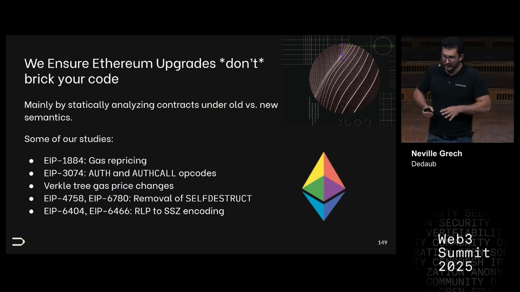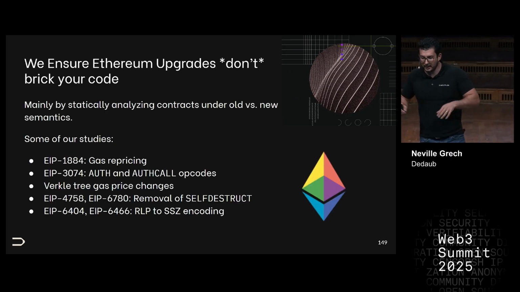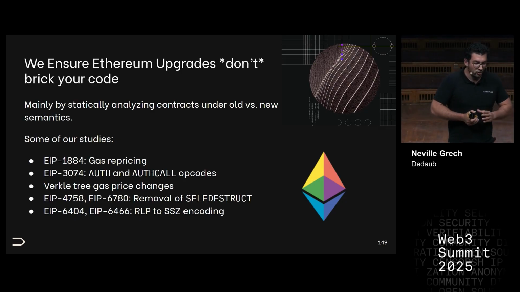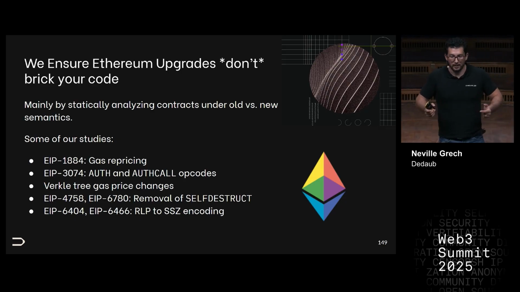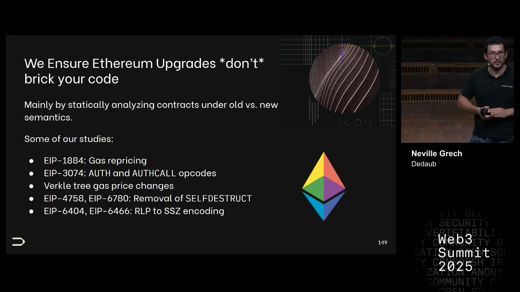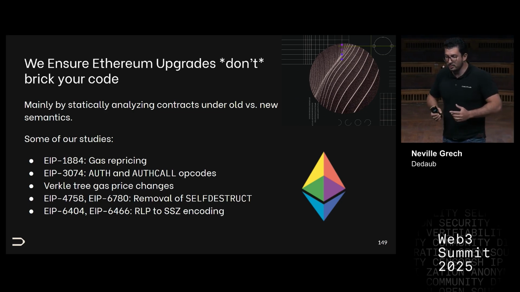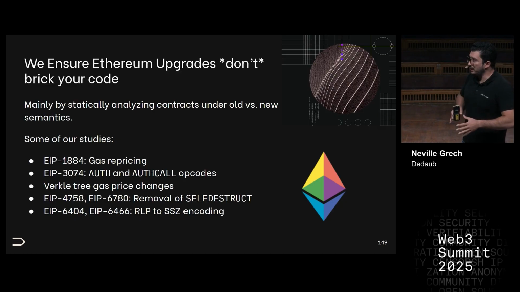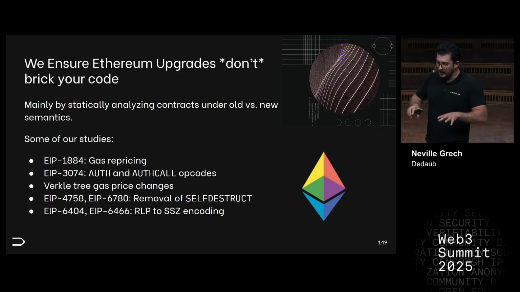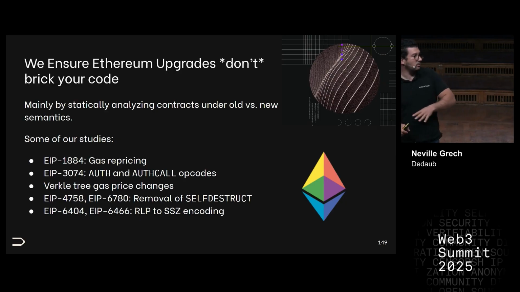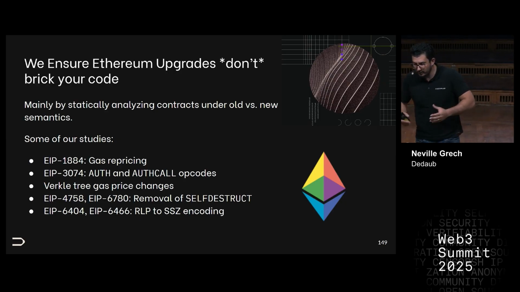One other thing that we can use this security analysis on is to ensure that Ethereum upgrades are not going to brick certain important smart contracts on chain. Since the analyses are extremely fast, we can run them on all smart contracts ever deployed, and we can provide some assurance to the Ethereum team, the Ethereum Foundation in this case, that their EVM upgrades are not going to break contracts.